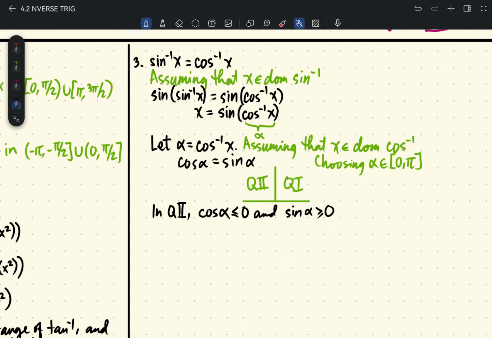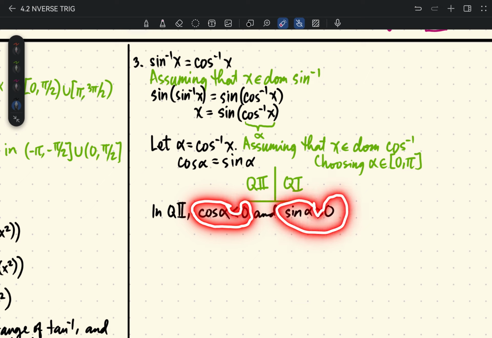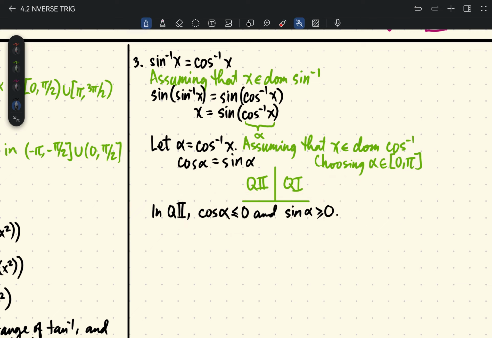So that means for cosine alpha and sine alpha to become equal, there's only one possibility. That is, if cosine alpha equals 0 and sine alpha equals 0. But is this allowed? As you can see, it's not really allowed. Why?